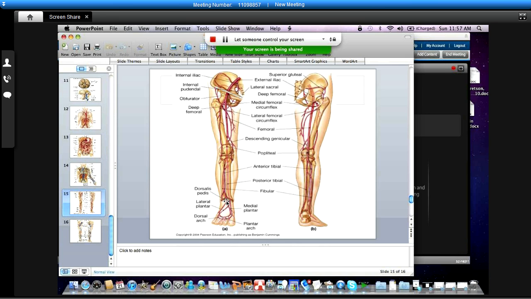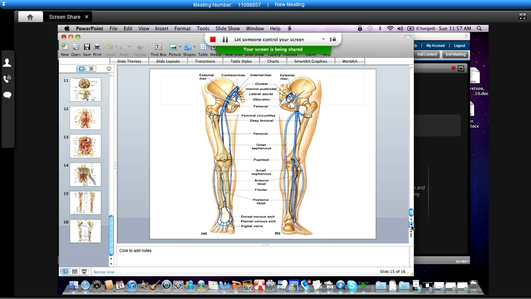So 2 landmarks that are important to know that you'll be asked about: dorsalis pedis and posterior tibial vessel. The popliteal vessel is another area where you can feel for a pulse. And then the femoral artery as well. That's why those vessels are important, because they're landmarks that you'll need to know clinically. They're important for other reasons as well, but I do want you to know those specific landmarks.